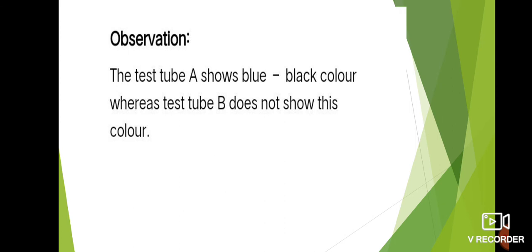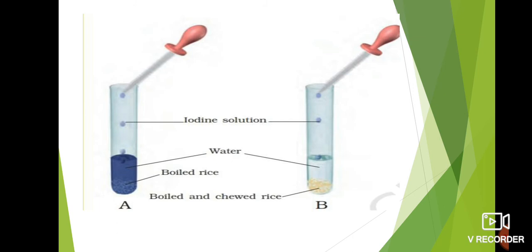B doesn't show this color. Look at this picture. Test tube A shows blue-black color and test tube B doesn't show blue-black color. Since test tube B has boiled rice which was chewed for 3 to 5 minutes, the saliva present in the mouth has acted upon starch to break it down into sugars.